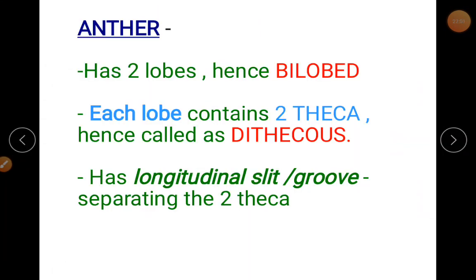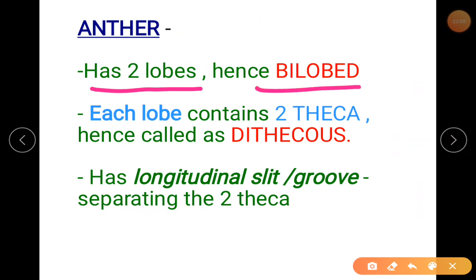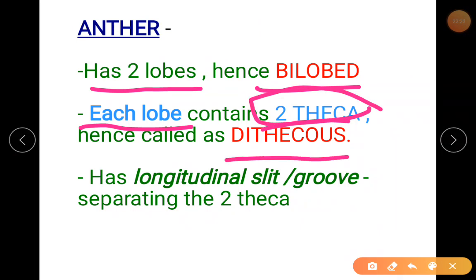Now going into details about the parts. It has 2 lobes, hence the term bilobed. Anther is bilobed. Okay. Each lobe contains 2 theca. So coming to that term, 2 theca, and hence the term dithecous.